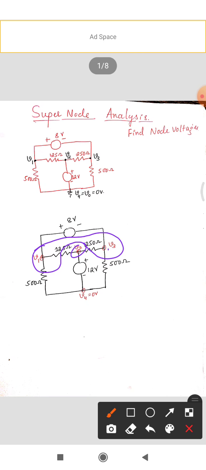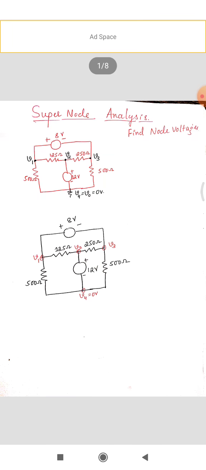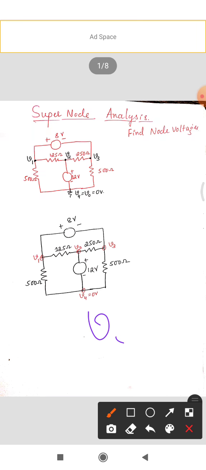Between V2 and V4 there is a voltage source, and this end of the voltage source is connected between the node and the ground. Then you need not apply super node for this. You can take directly the independently connected voltage source to the V2 node. So V2 is nothing but 12 volts.